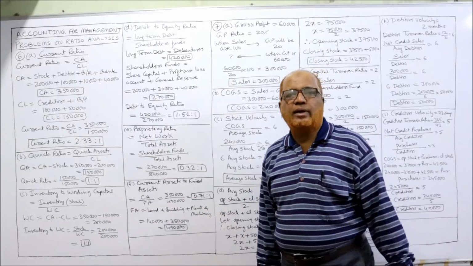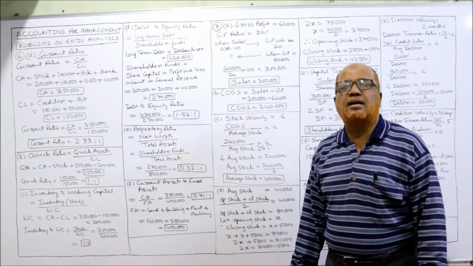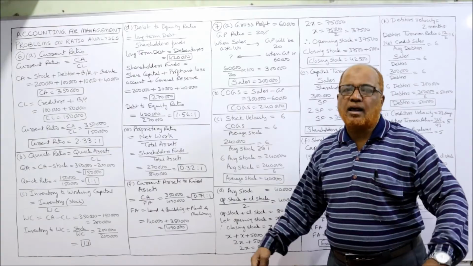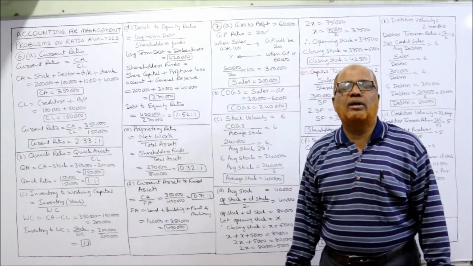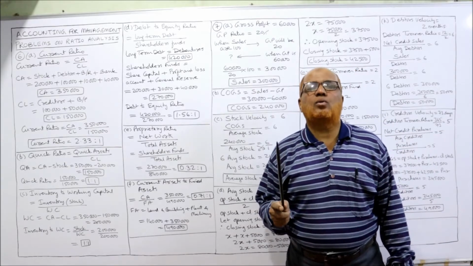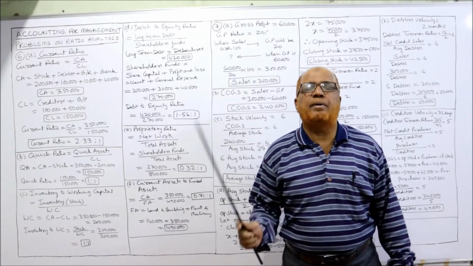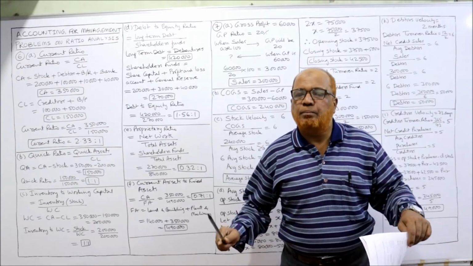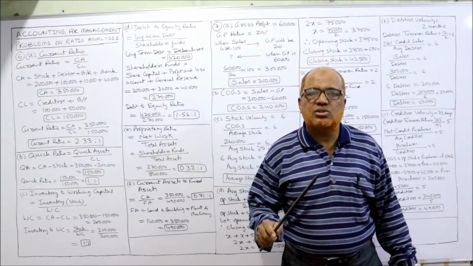The second ratio is the quick ratio. The quick ratio formula is quick assets by current liabilities. Current liability we already got, 1,50,000. Quick assets we don't have, so you must remember the formula: quick assets equal current assets minus stock minus prepaid expenses. We don't have any prepaid expenses, so quick assets equal current assets minus stock.